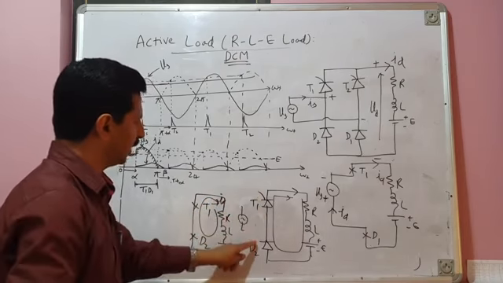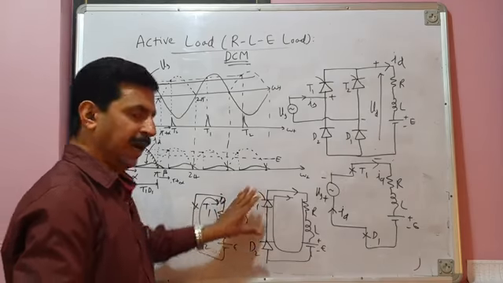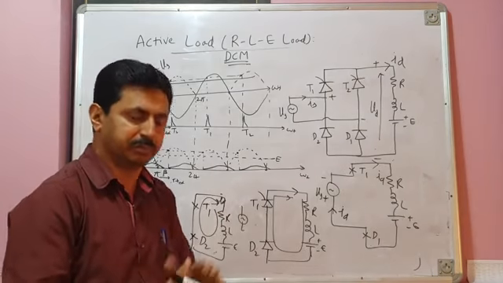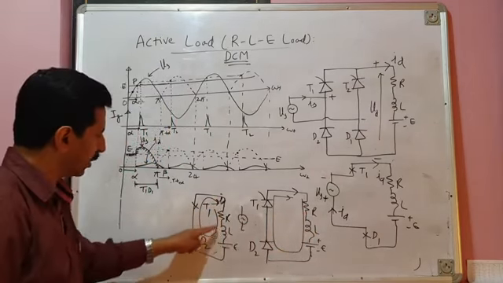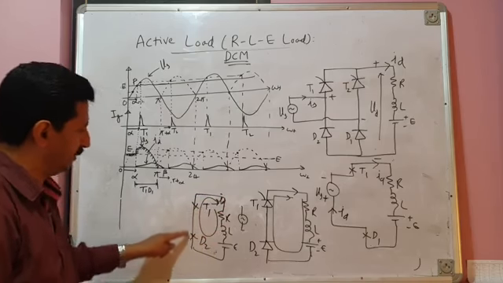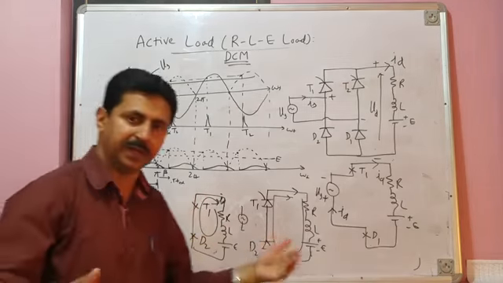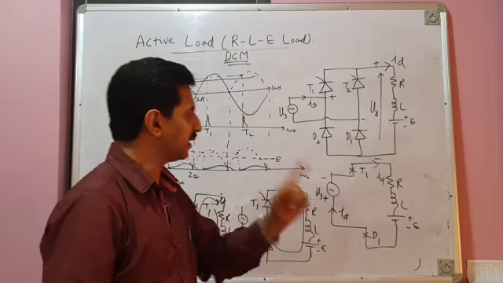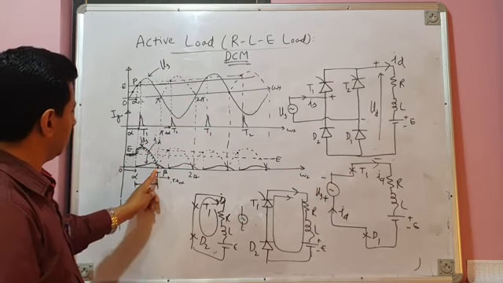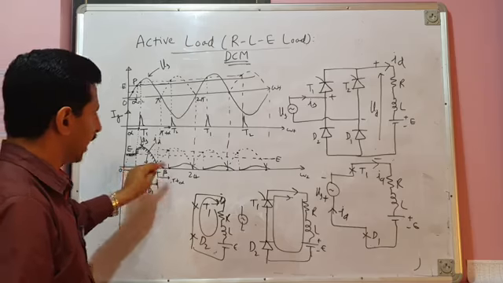T1 is on and D2 is on, and they virtually present zero resistance to the flow of current. So current can very easily flow through this freewheeling path because it finds no opposition. I repeat: from omega t equal to pi to beta, current has two paths.